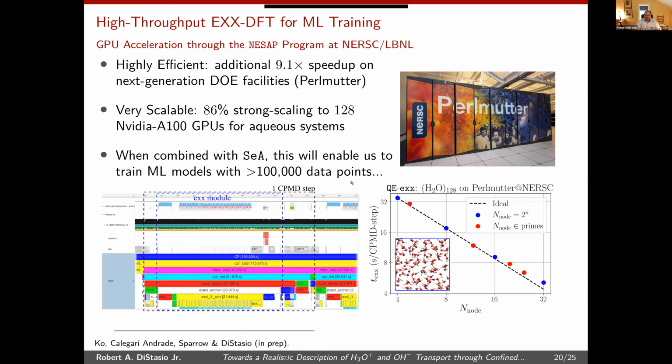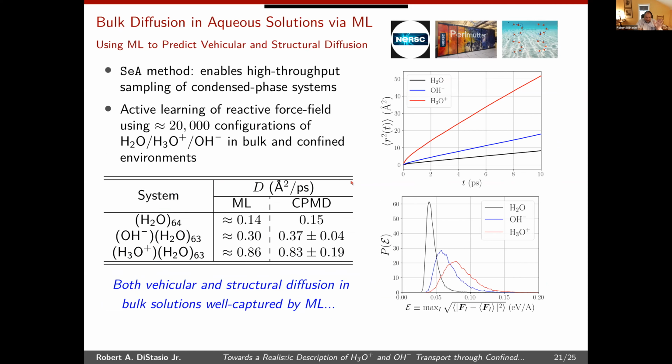All right, so going back to just a couple more slides, going back to the problem at hand, these confined environments. The first thing we did was we used ACE to now train, using the DPMD method, a DNN model with 20,000 configurations containing water, hydronium, hydroxide in different concentrations, both in bulk and confined environments.